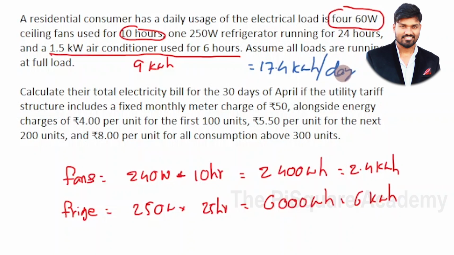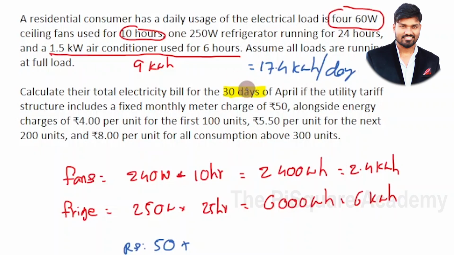Now we want to calculate the electricity bill for 30 days. The tariff structure is clearly given here. The fixed monthly meter charges are 50 rupees, plus energy charges of 4 rupees per unit for the first 100 units.